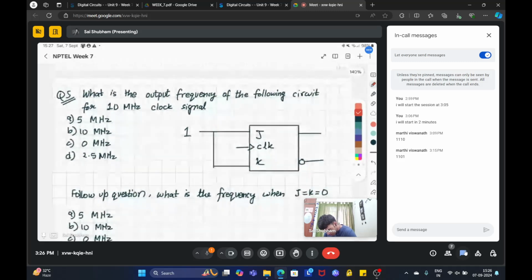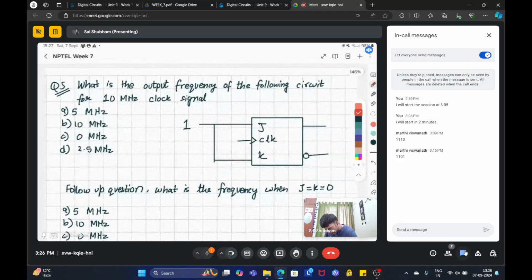So the next question is, what is the output frequency of the following circuit for a 10 megahertz clock signal?